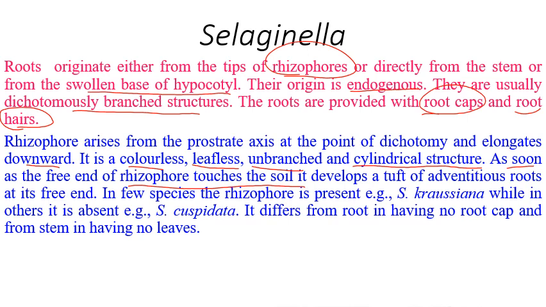In a few species the rhizophore is present, for example Selaginella kraussiana, while in some species like Selaginella cuspidata, the rhizophore is absent. It differs from root in having no root cap, and it differs from the stem in having no leaves. So, as you can see here, it is a colorless, leafless, unbranched and cylindrical structure.